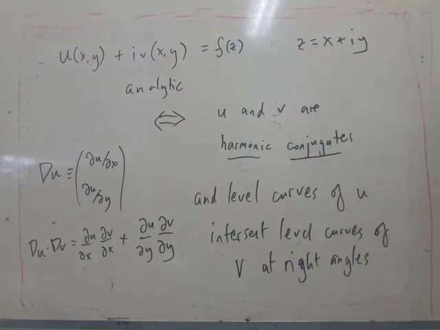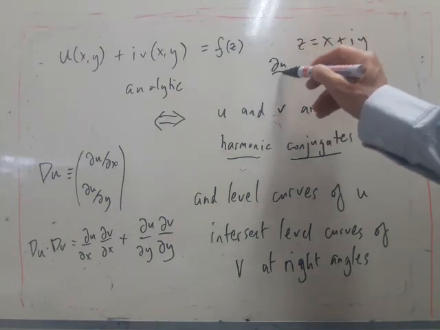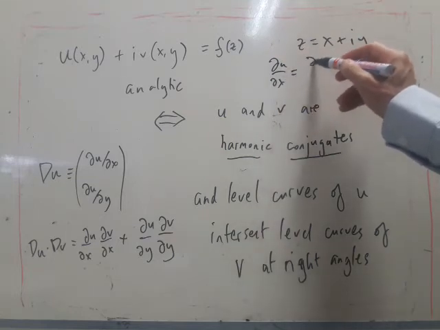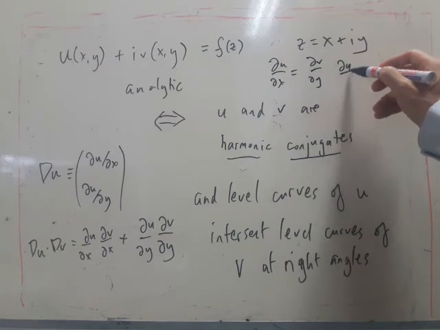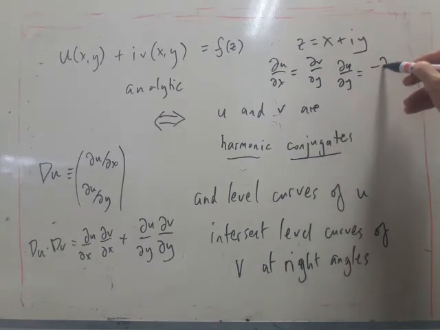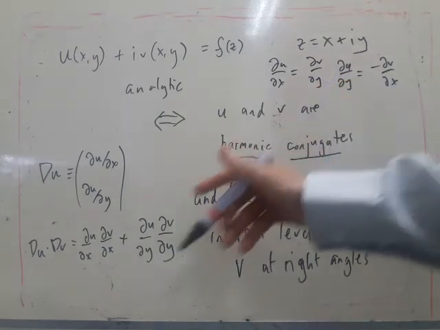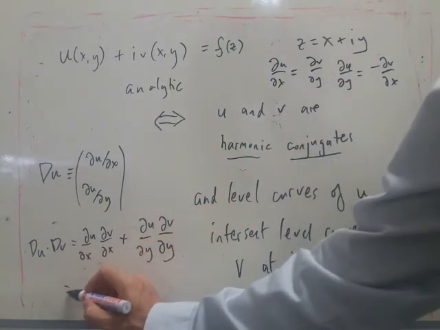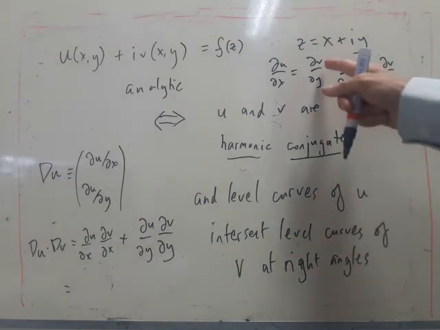And then all we need are the Cauchy-Riemann conditions. So the Cauchy-Riemann conditions, remember, are du by dx equals dv by dy, and du by dy equals minus dv by dx. So if we substitute those in, I'll change the v's into u.